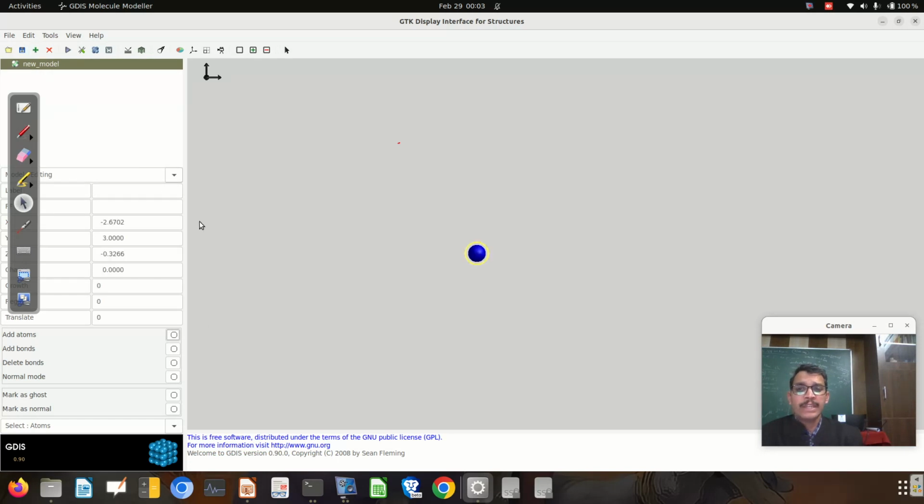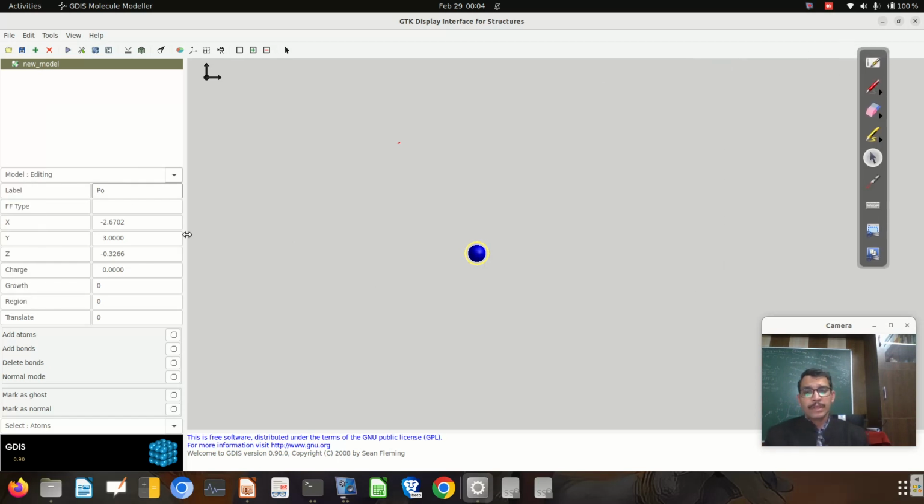I place an atom here and call it Po. I write Po in the label, and then enter. After that, I place this atom at 0 and enter, then the coordinate 0 and enter, again 0 and enter.